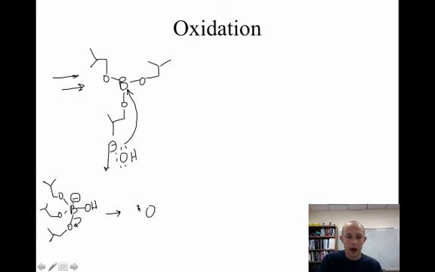And so we have an O minus. And then there's water present in the reaction. So protonation of this finally gives us the alcohol product that we observe. So notice we've added a hydrogen to this carbon and an OH to this carbon. That's hydroboration oxidation.